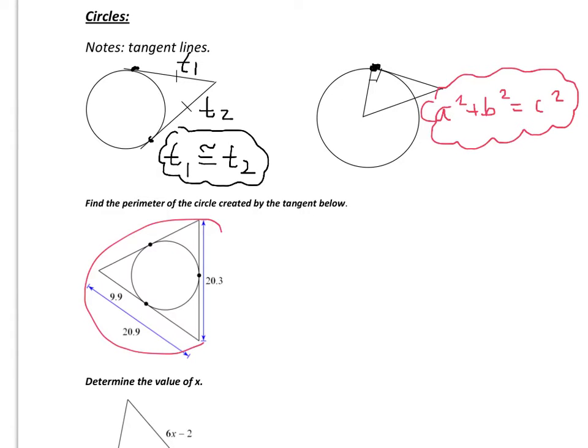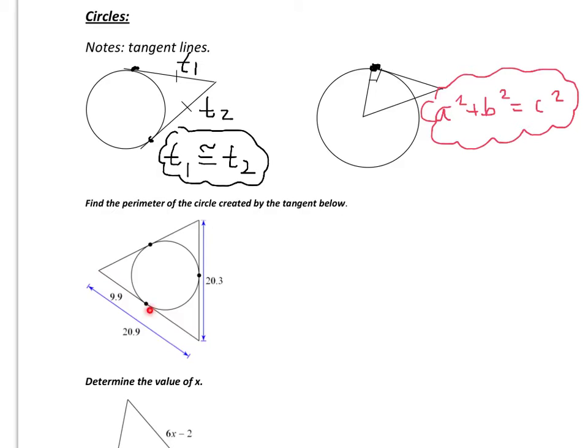So let's go over to this example here. In this case they want us to find a perimeter. We have to use the fact that this tangent and that tangent are equal. Same idea here and same idea here, so we're going to use the idea of tangent lines 3 times. The first thing we need to see is that this whole side of the triangle is given as 20.9 and that this tangent is 9.9.